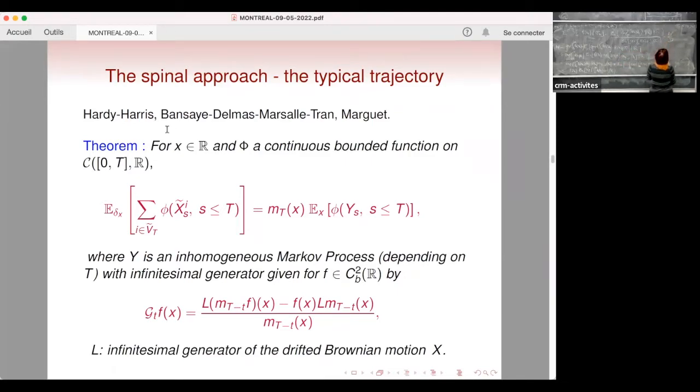So M_{t-s}, this quantity is exactly the expectation of the conditional expectation with respect to F_s of the exponential of the integral from s to capital T. So here again, I can decondition and replace these two expressions by the exponential from 0 to T, because s is greater than 0.